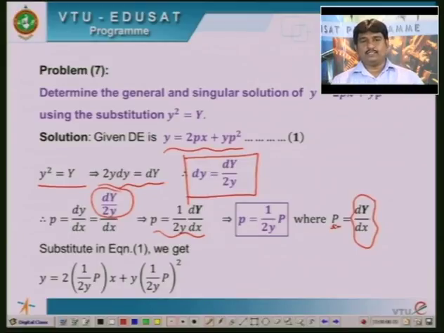So small p is 1 divided by 2y into 2 small y into capital P. I will substitute here.